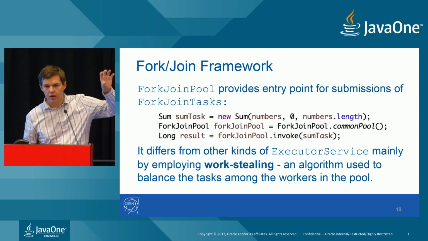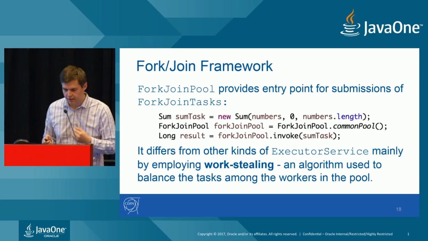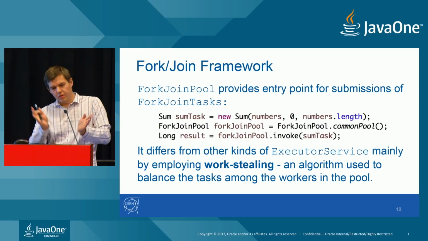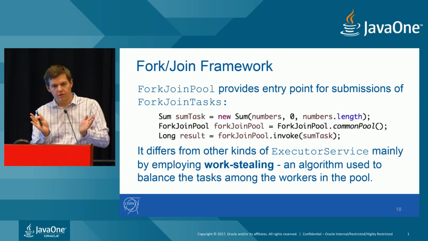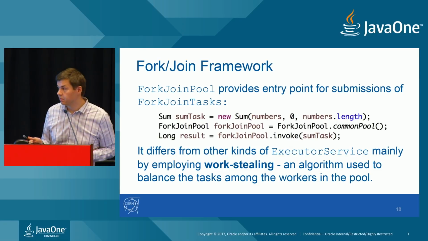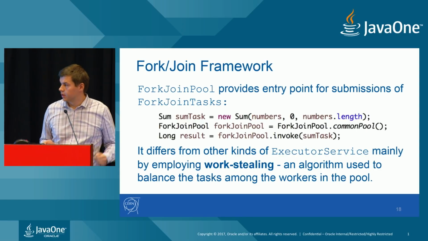It simply looks in other threads' queues if there is something to do. If you were wondering in the previous example what happens if my left or right task finishes before the other, it's not a big deal, because if it finishes way before and is bored, it's going to steal tasks from other threads.